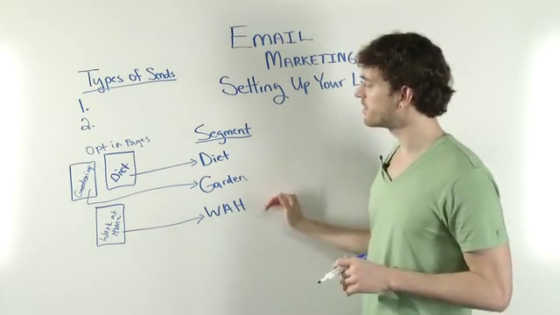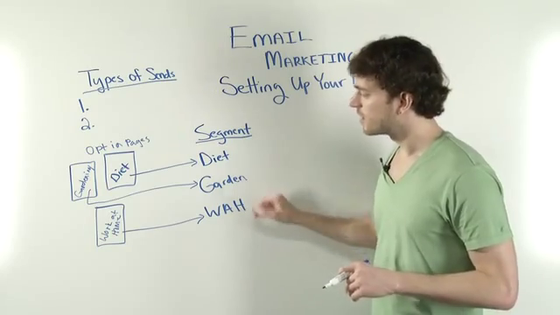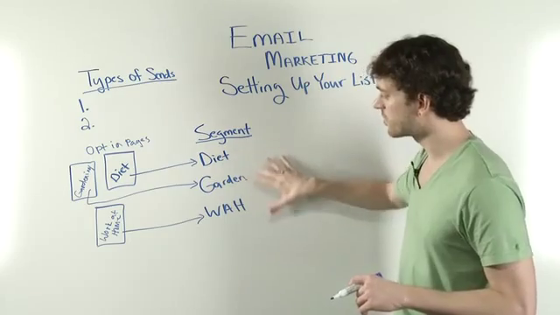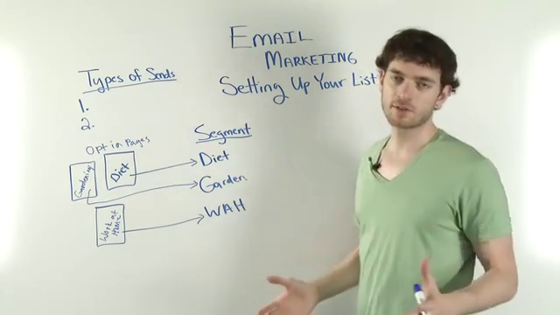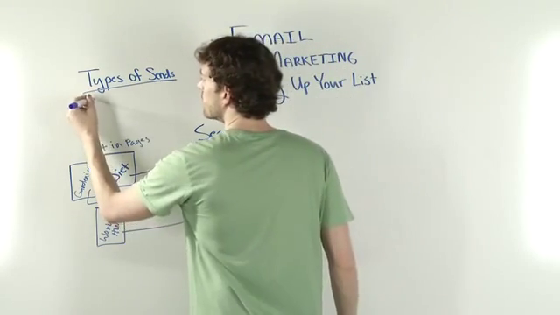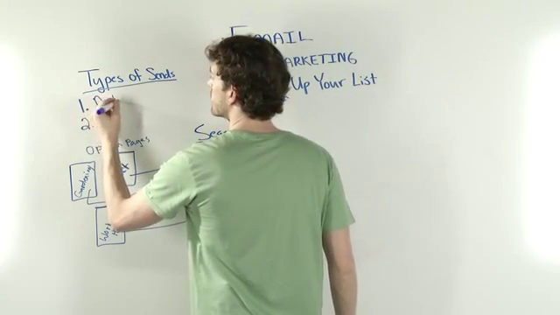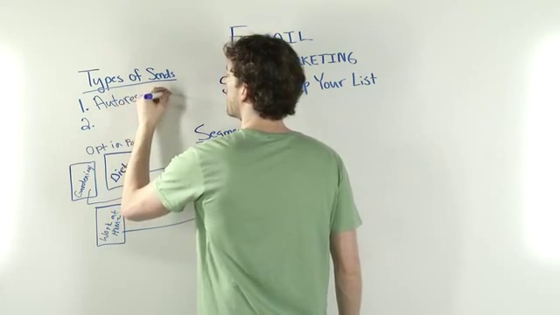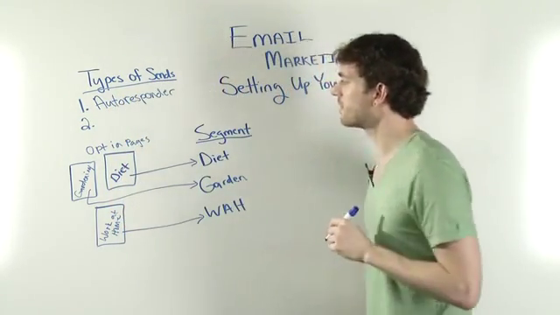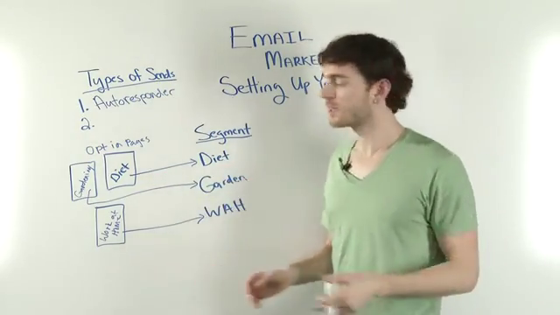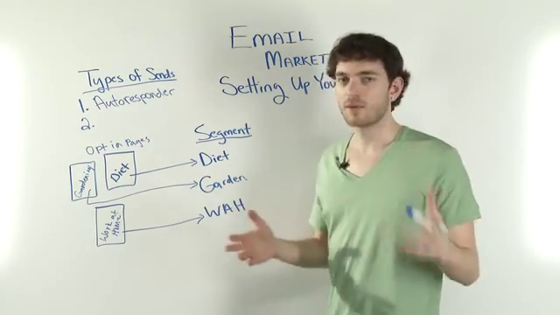Now step number 2 is, once you've built these lists and you've connected them with your opt-in pages so that they're funneling the information into the right list, how do you send emails? Well, there are 2 ways to send emails. Number 1 is through an autoresponder. What the autoresponder does is you set it up to send emails to this list automatically, meaning you don't have to go in and send it manually.